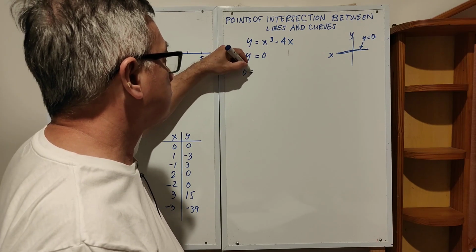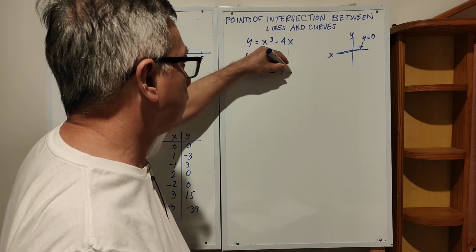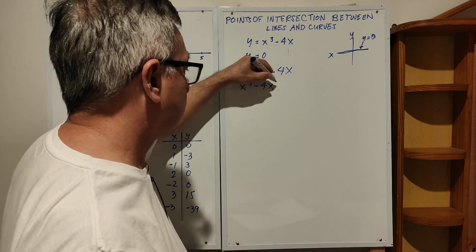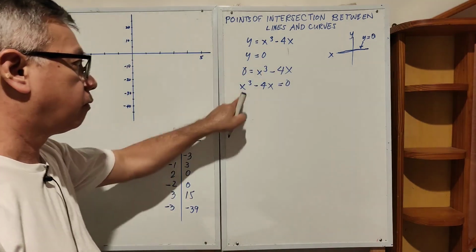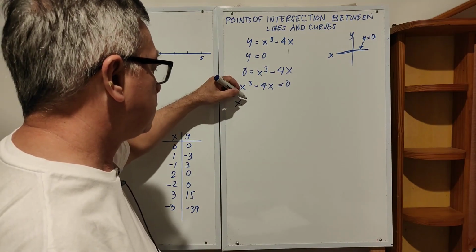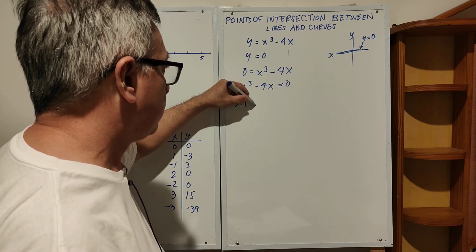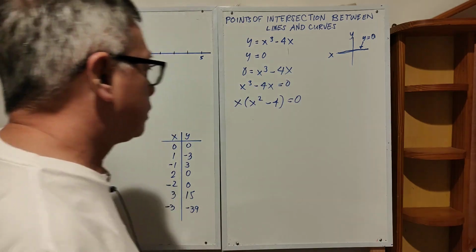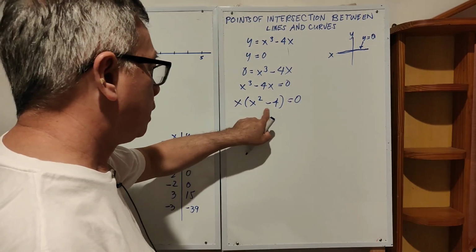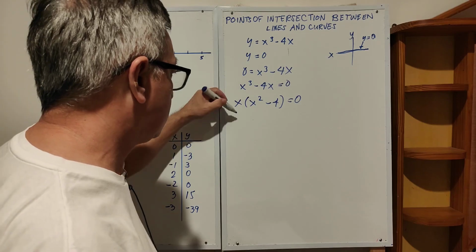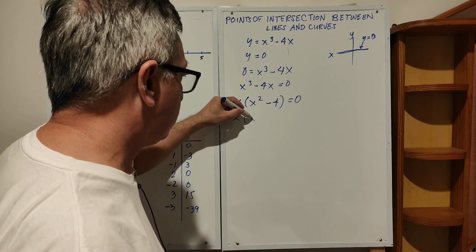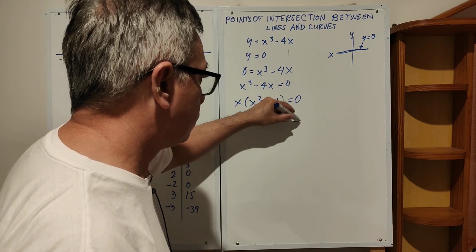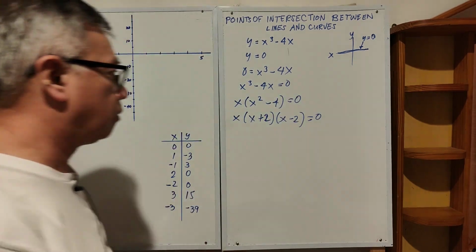So 0 is equal to x cubed minus 4x, or reversed, x cubed minus 4x is equal to 0. We can factor out x: x times x squared minus 4 is equal to 0. This one is a difference of two squares, so we can still factor it as x plus 2 and x minus 2 is equal to 0.